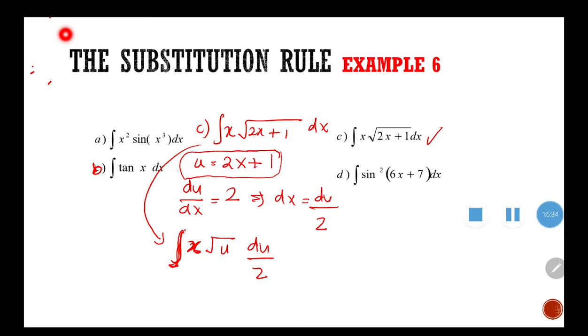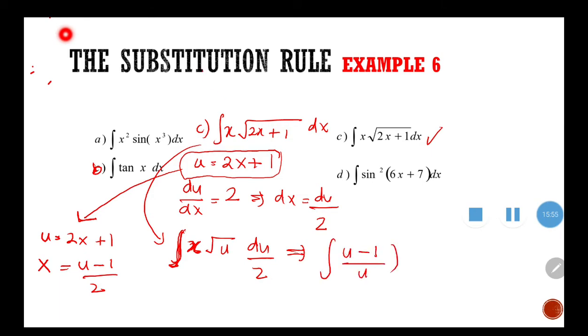Can we find the relationship between u and x? Of course we can. So we get x is equals to u minus 1 over 2.